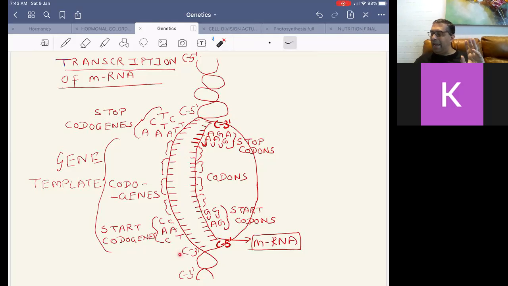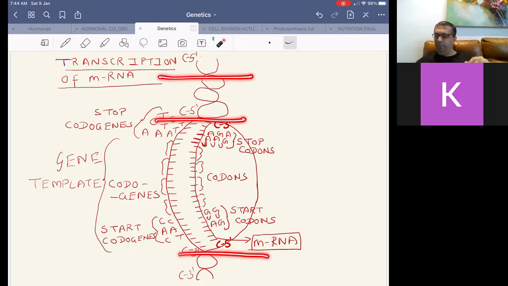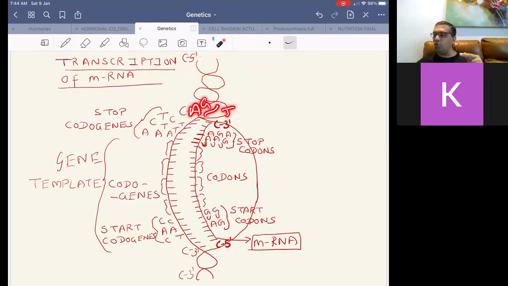Endonuclease does not break the hydrogen bonds, it breaks phosphodiester bonds. Directly, helicase enzyme comes and breaks hydrogen bonds. So between AU, GC, helicase breaks the hydrogen bonds, and the two DNA strands will uncoil.